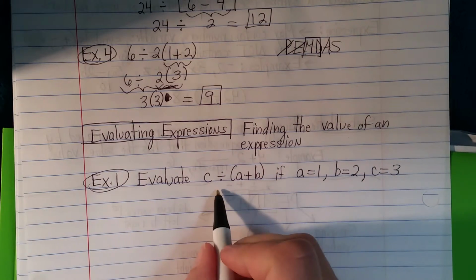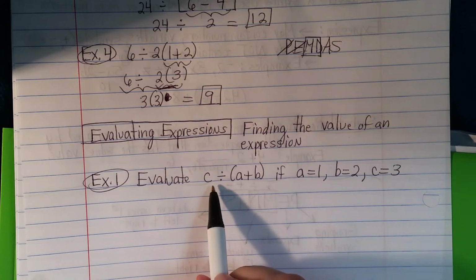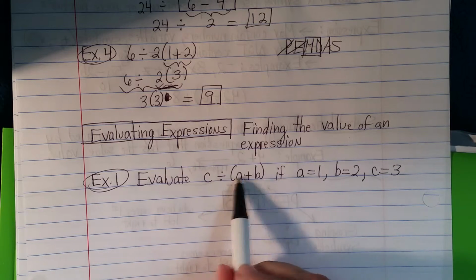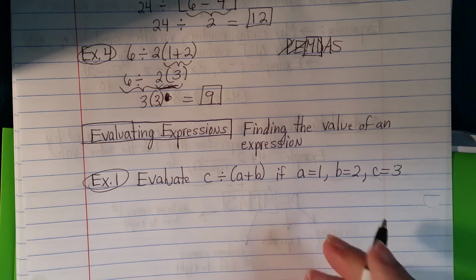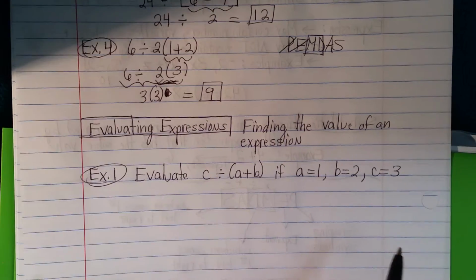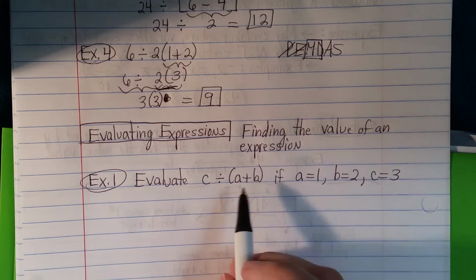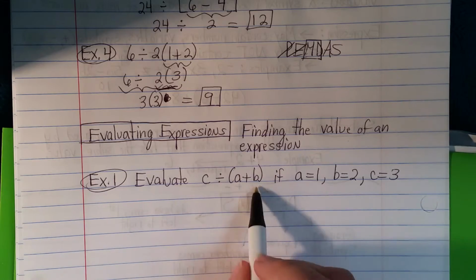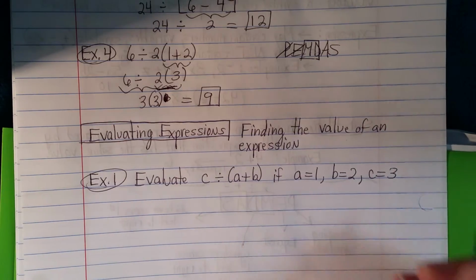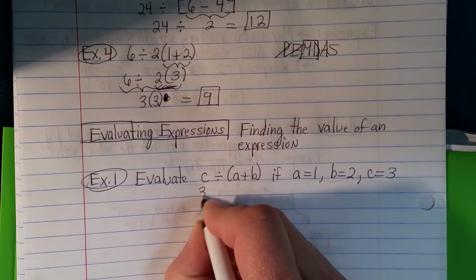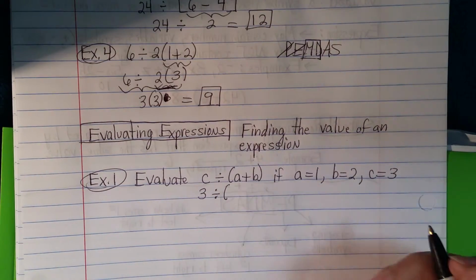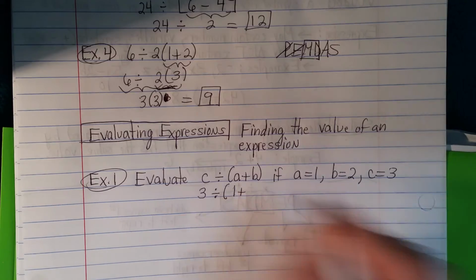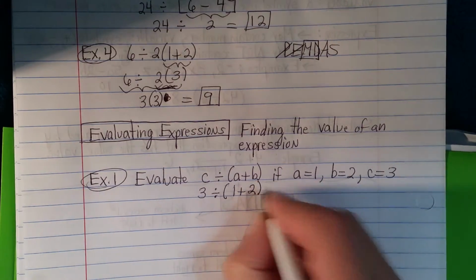So what you want to do first is, it's a really good idea to put parentheses around the variables when you plug in. This one's pretty simple, so I'm not going to do that, but when the expressions get a little more complicated, you should use a parenthesis. So C is 3, divided by, parenthesis, A is 1, B is 2.